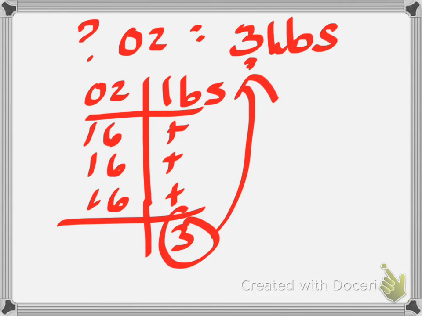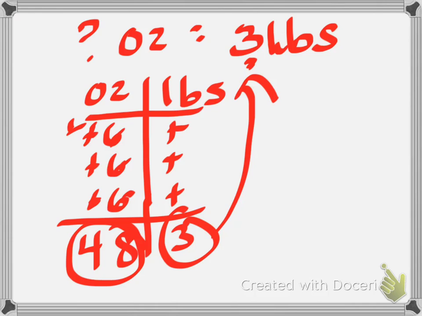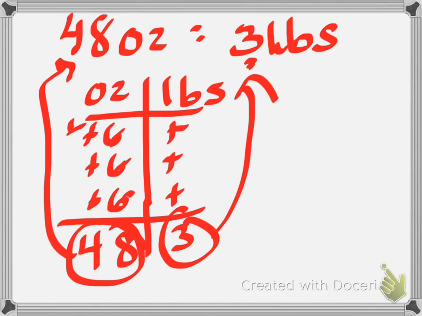That's exactly what we need. Then we have 1, 2, 3 sixes. 6 times 3 is 18. And then 1, 2, 3, 4. So we have 48 ounces equal 3 pounds.